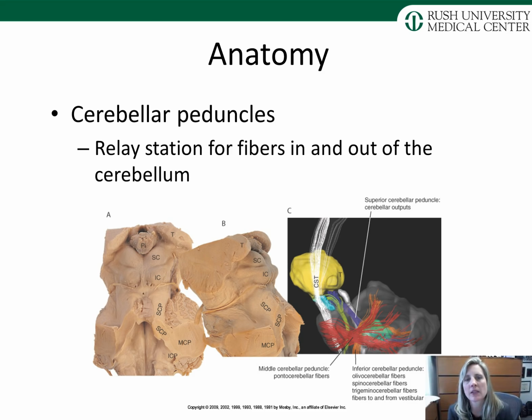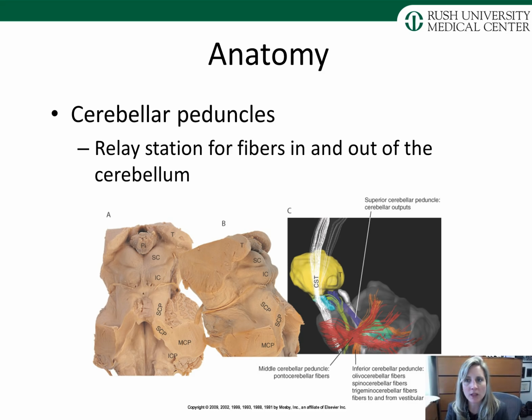I like to think of the cerebellum as a computer. It is the organizing portion of the nervous system, in that it doesn't actually provide direct information regarding strength or sensation, but it takes all of that information and combines it with vestibular information in order to coordinate movement.